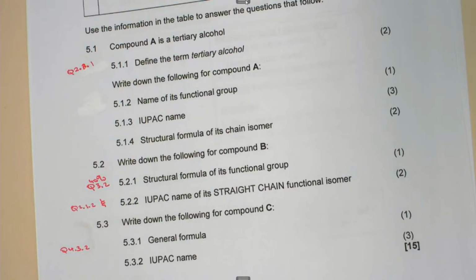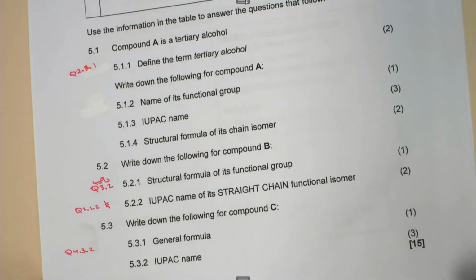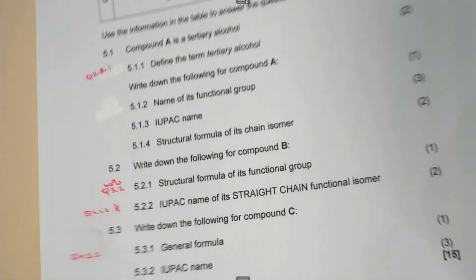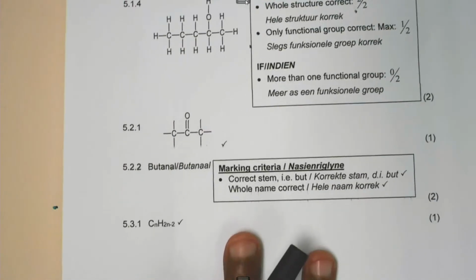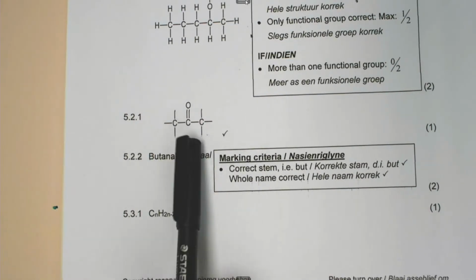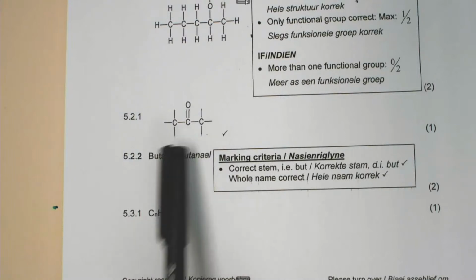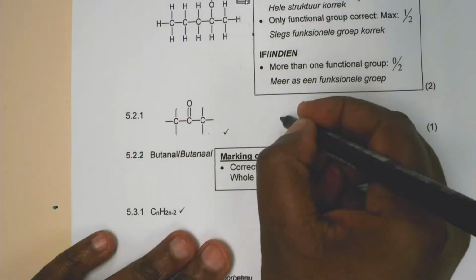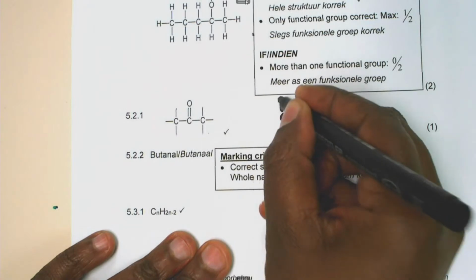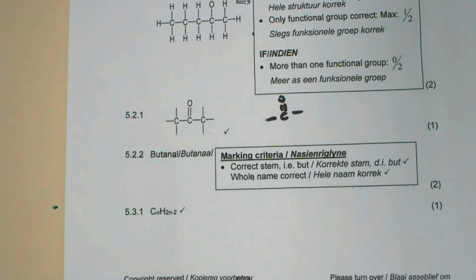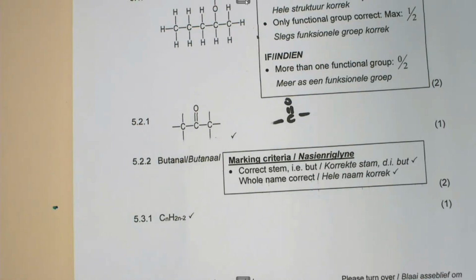A structural formula of its functional group. Now, the structural formula of the functional group of compound B is only this one, colleagues. For example, if the learner just writes C double bond O like that, with no carbon atoms on the left or on the right-hand side, that is incorrect.